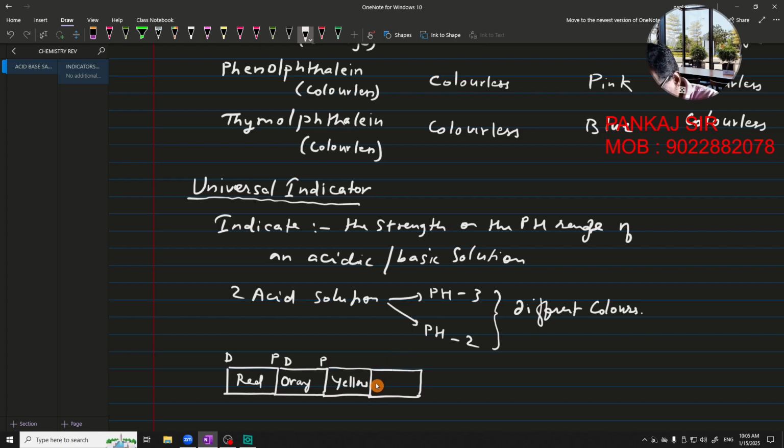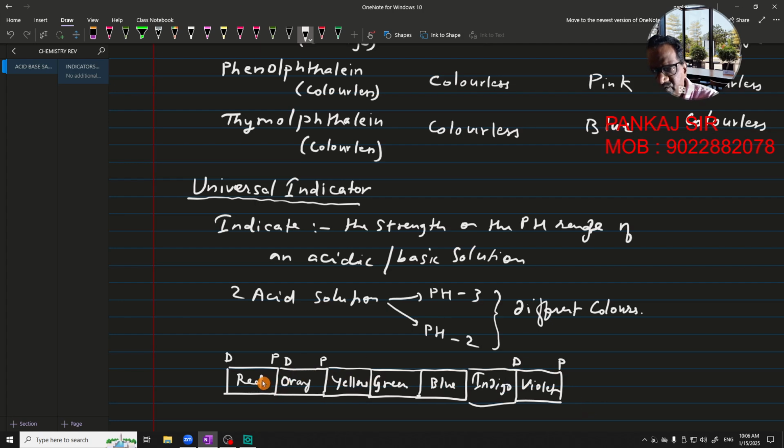Then you have green, after green you have blue, after blue you will have indigo, and last after indigo you will have violet. So these are the different colors, and in each category you will have dark to pale. So dark violet to pale violet, right?